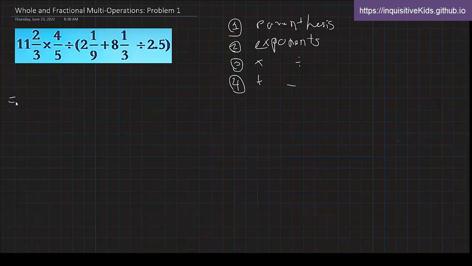So let's get started. What do we see here? We see multiplication, division, fractions, decimals, parentheses, and mixed numbers. Sometimes, especially when we start using variables, we stop writing this multiplication sign and just put parentheses around two things, or put two things right next to each other without anything in between.